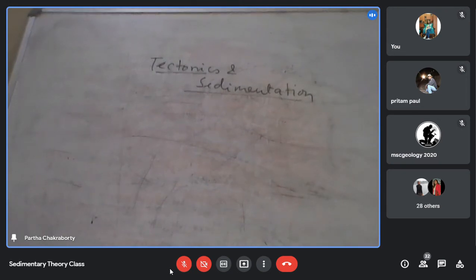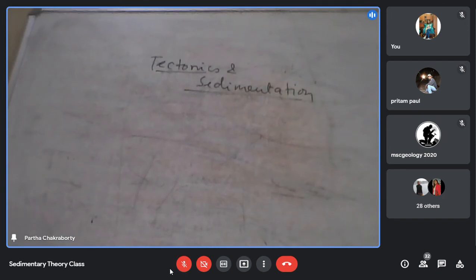So, what is a sedimentary basin? It is a depression. Now, how is this depression formed, how does it gain its depth, and what makes this depression preserve several kilometers of thickness of sediment? If I see the present day basin, what is the maximum general depth? It is 4.5 kilometers.